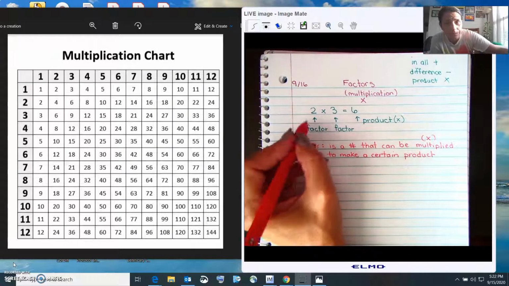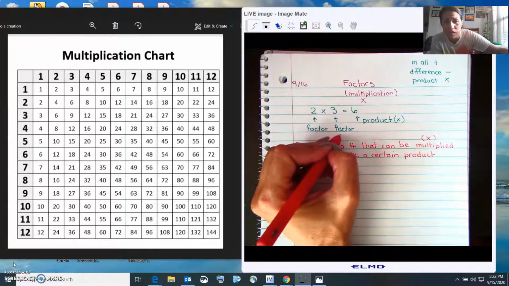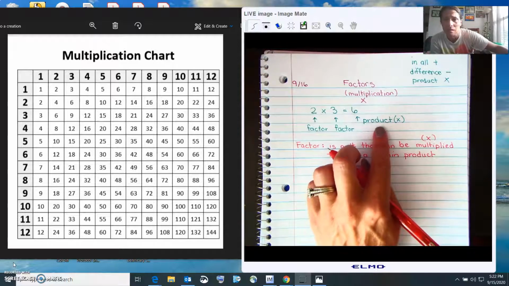And that's right here. The factors are the numbers that are multiplied to make the product.